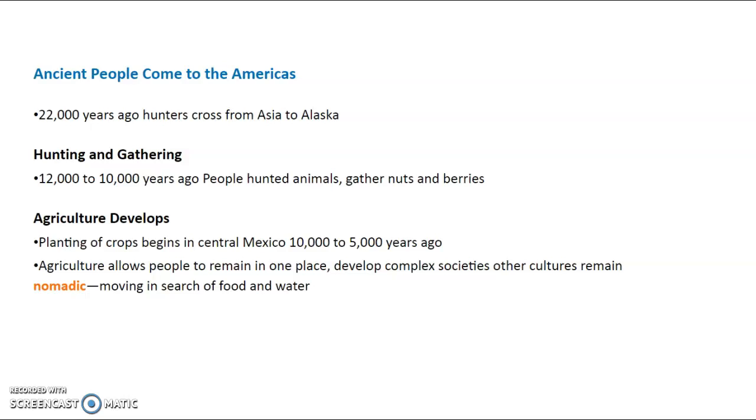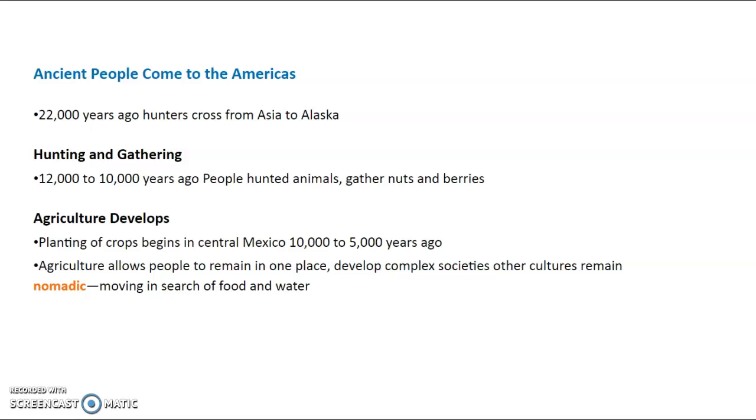Agriculture allows people to remain in one place, develop complex societies. Other cultures remain nomadic, moving in search of food and water. So when people are growing crops like corn, stuff like that, they tend to stay in one place. Once you have something that you're growing like a food, a steady supply of food, that's when people start making towns and cities that are based around those things.